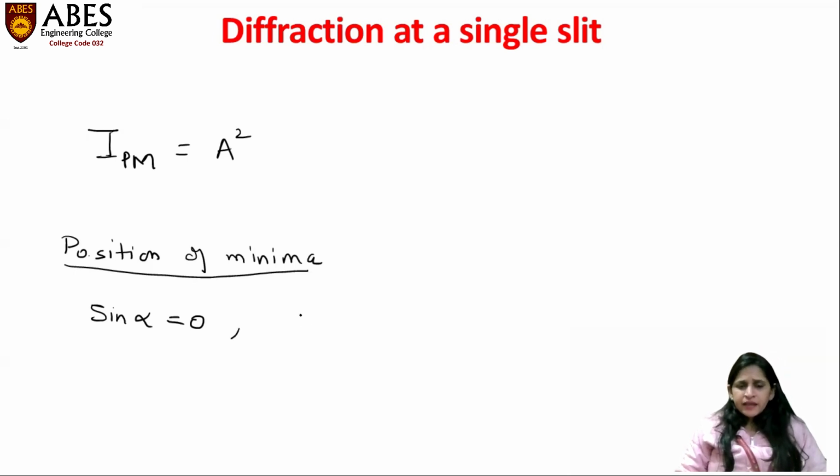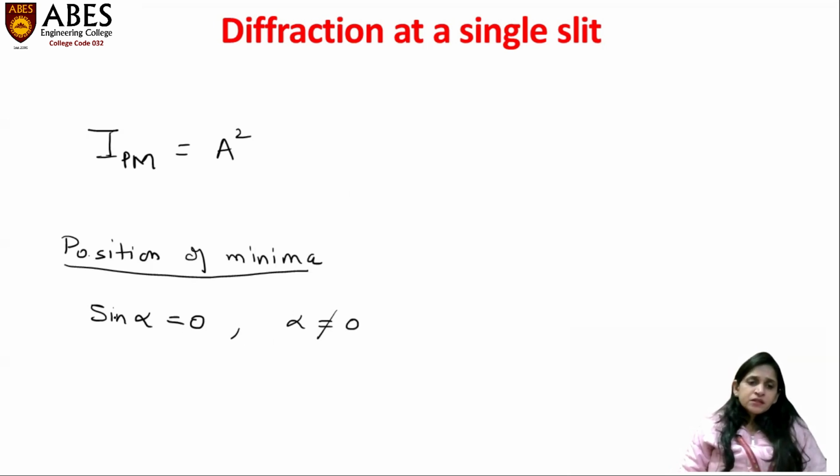But can alpha be equal to 0? Very right, alpha cannot be equal to 0. Why? Because at alpha equals 0, we just discussed that the intensity of principal maxima is forming. Then how can alpha 0 give the minima? At both places we cannot get both the dark and bright fringe, or both patterns.